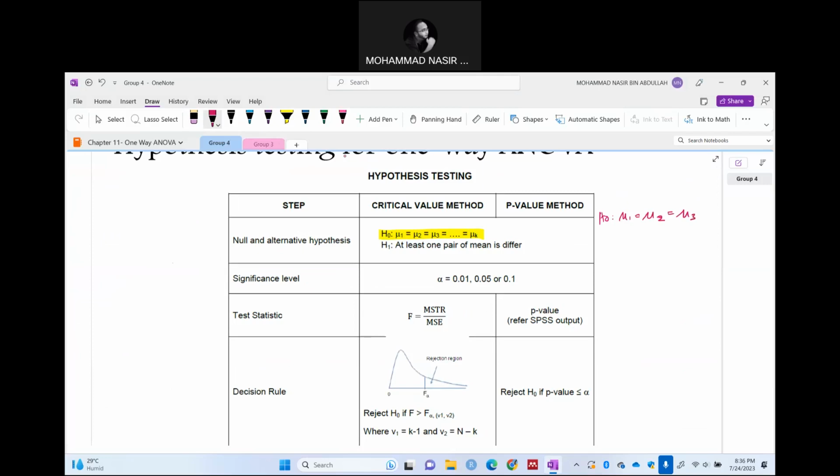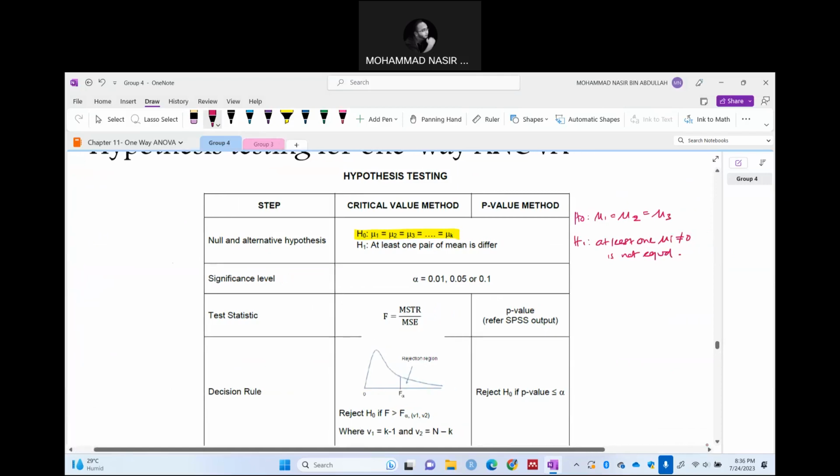Then the alternative hypothesis: at least one mu i is not equal, or is different. So at least one mu i is not equal, for i equal to 1, 2, and 3.